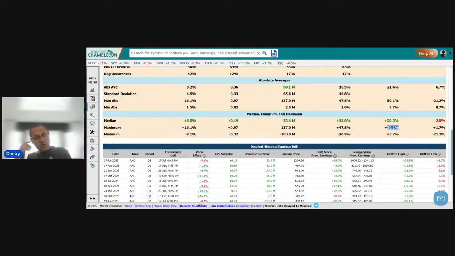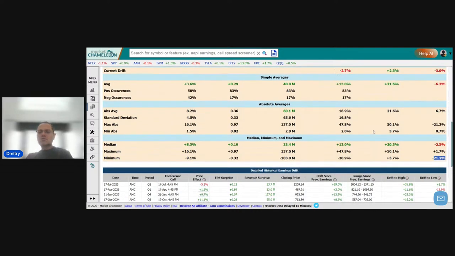That could have been other news in between. We don't know, we'd have to check, but it's been up as much as 50% in that 3-month period, and is down as much as 21% in that 3-month period historically. So it could still have pretty large moves in between.